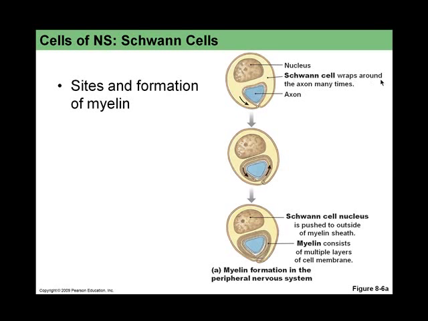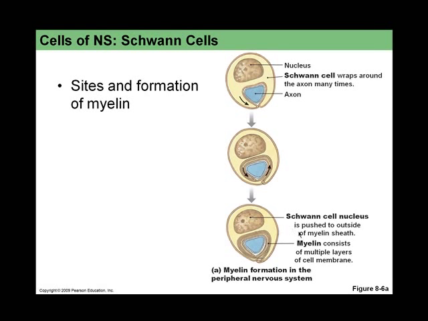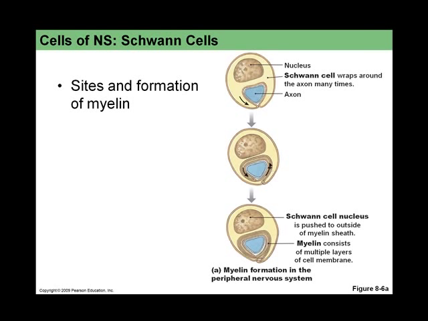So initially, the Schwann cell wraps around the axon. They're saying many times here. The first time, let's say, and then it continues that process, and the Schwann cell nucleus is pushed to the outside of the myelin sheath. So this thick layer of lipid, remember the lipid bilayer membrane is what's going on here, and it's folding upon itself, and the cytoplasm, except for a very little bit, gets squeezed out.